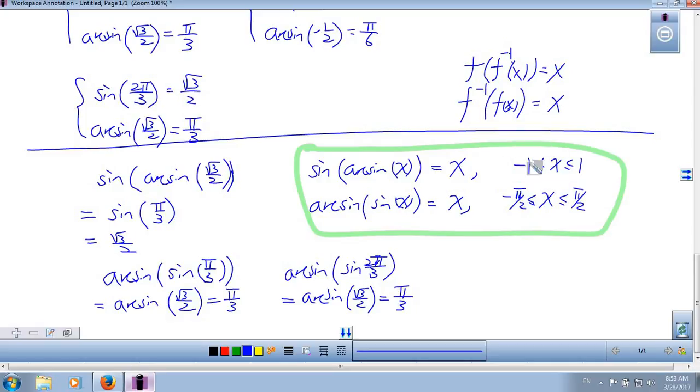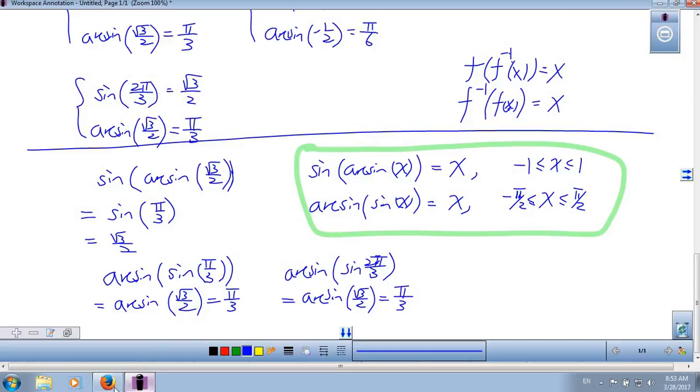It depends on your input. The domain is something we have to watch out for. But of course, sine of arcsine x is always equal to x, because x will always be between negative 1 and 1. If x is outside of that range, it's undefined, because there's no arcsine of anything above that.